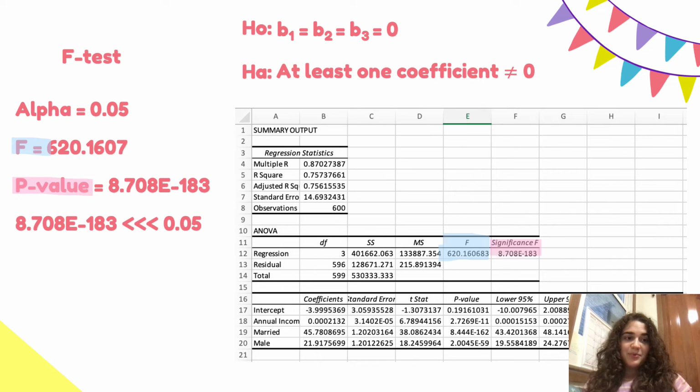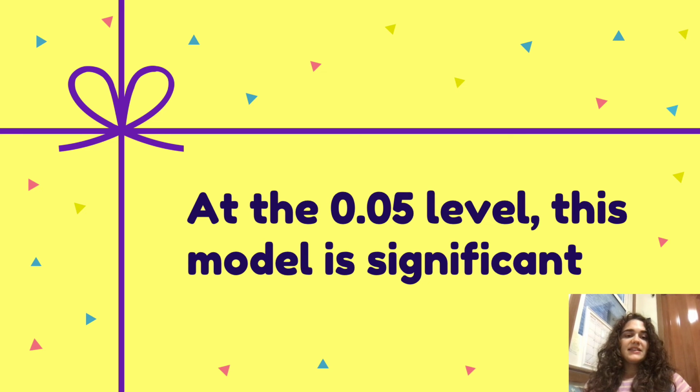Obviously, 8.708 e negative 183 is much less than 0.05, which means we are able to reject the null hypothesis. As this is a hypothesis test, we have to give it a full conclusion statement, which would be at the 0.05 level, this model is significant.